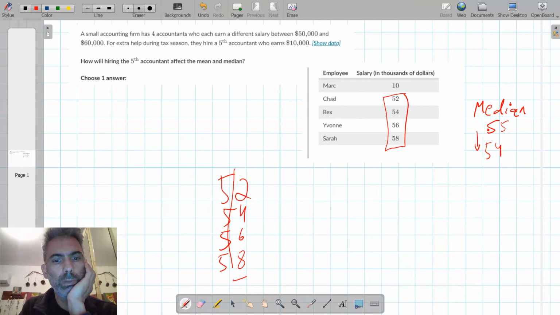Okay, we can basically calculate the mean just of these and add 50. So 6 plus 6 is 12. 12 plus 8 is 20. 20 divided by 4 is 5. So the mean is also 55.